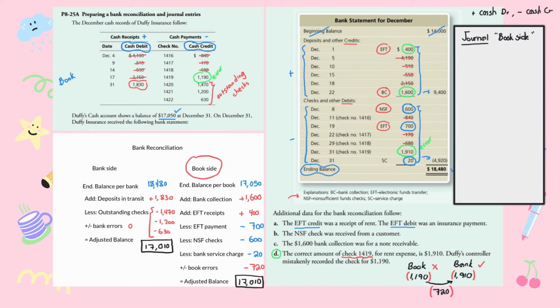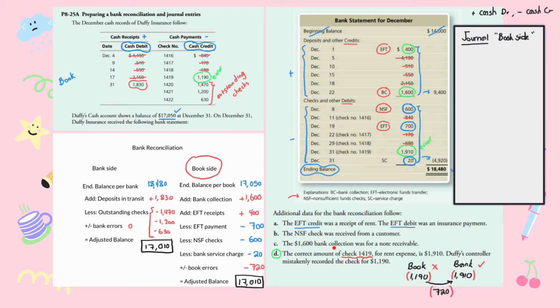Okay? So the first adjustment made to the book side here is bank collection 1600. Let's read these notes. It's going to help me recognize the second account affected.